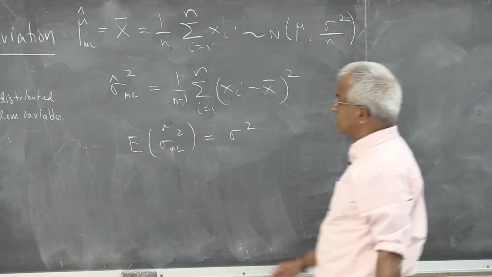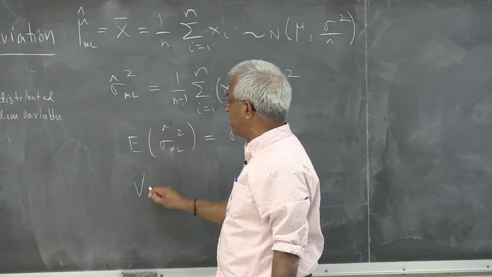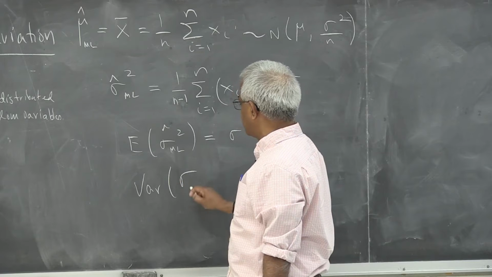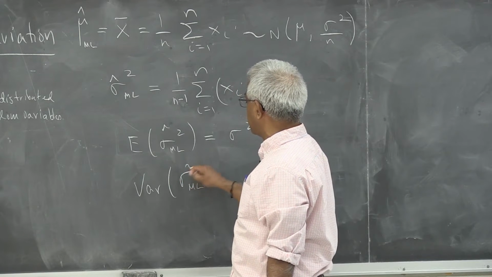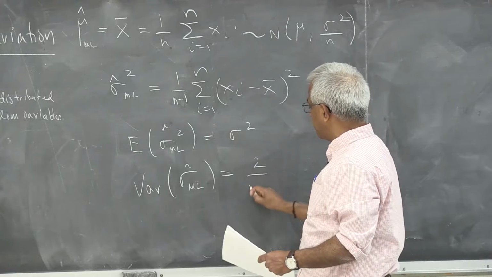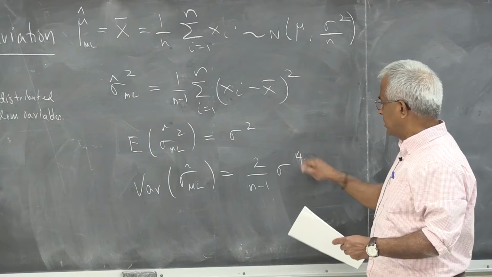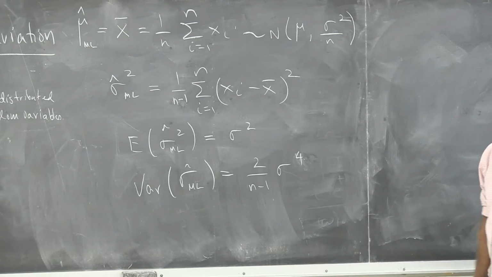This is a chi-squared with n minus 1 degrees of freedom. Consequently, the variance of this estimator is 2 over n minus 1 times sigma to the fourth. So these are classic results.